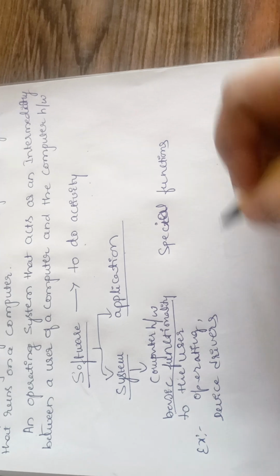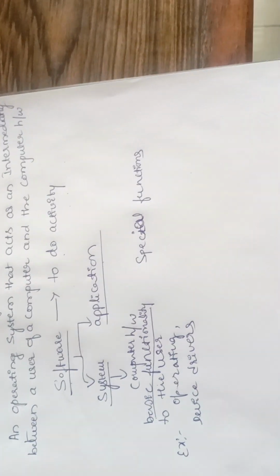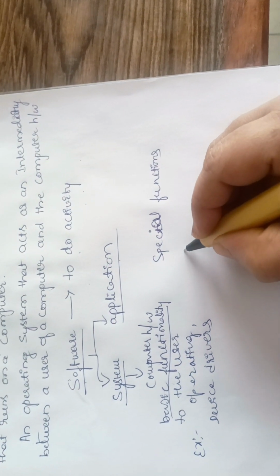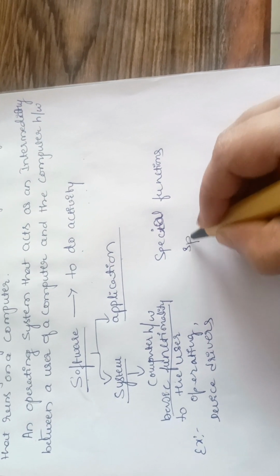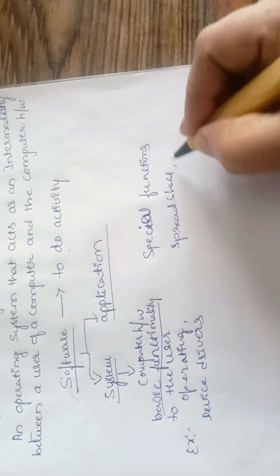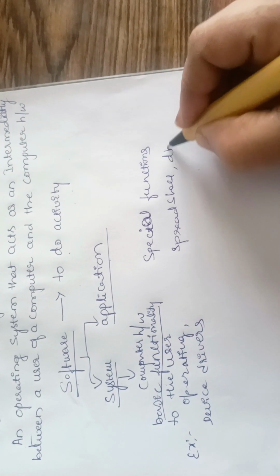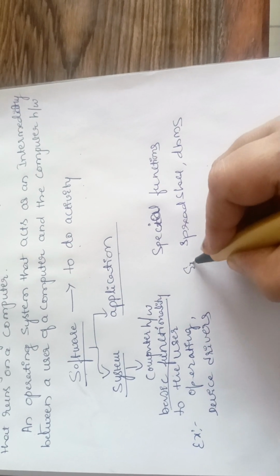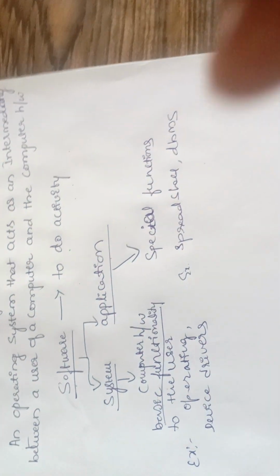So that is called application software. Now, which are the examples for that? You can use either a spreadsheet or DBMS software. These are all the examples for application software.